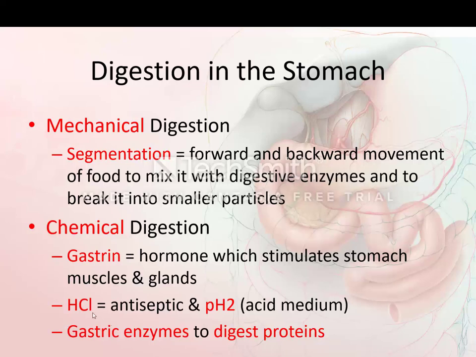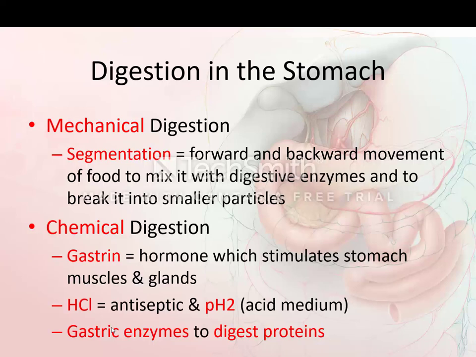Now, gastric says stomach, and enzymes, so enzymes within the stomach. So gastrin is the hormone which stimulates the release of a liquid that contains gastric enzymes that will help with or aid in digestion.